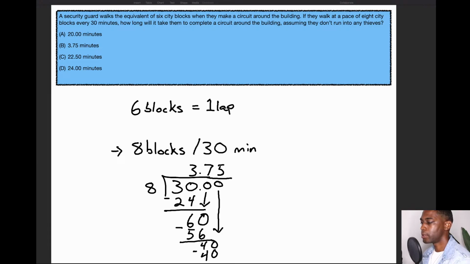Giving us 0. Hope y'all can see that. All right. So what did this tell us? This guy goes 1 block every 3.75 minutes.